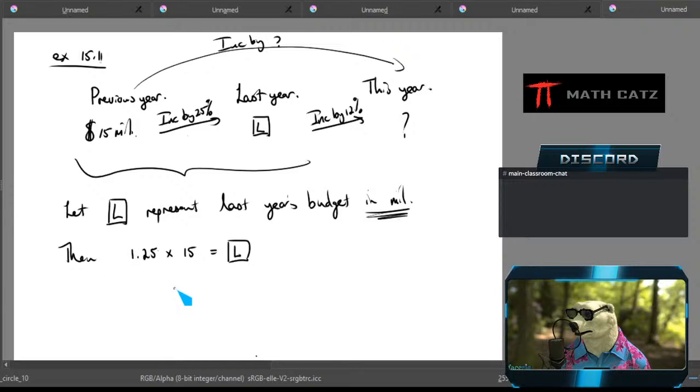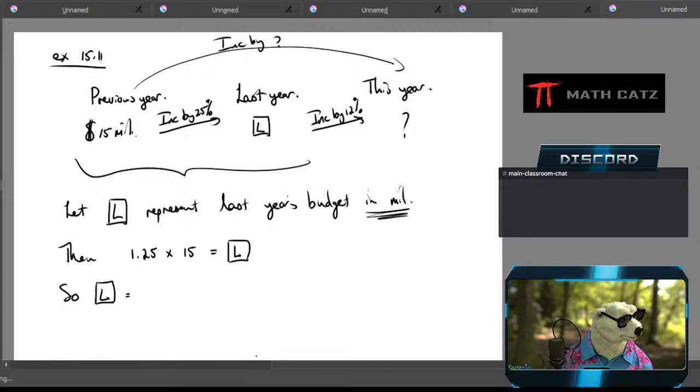But in this case, I see that there's no rewriting necessary here. Maybe I can flip it around, but I see how to calculate this L right away because it was just in a convenient position in my mathematical sentence that I don't need to rewrite it. And I can just calculate it right away. Let's do that. 1.25 times 15.